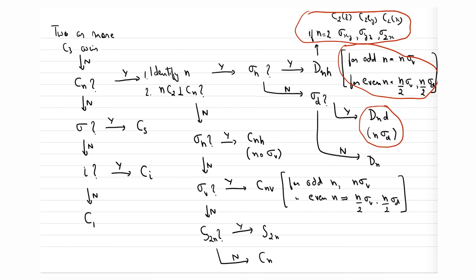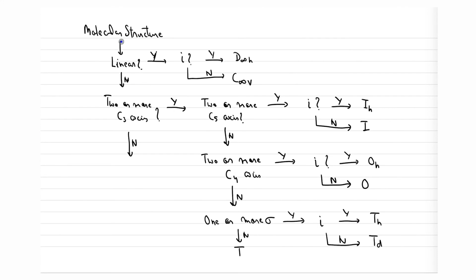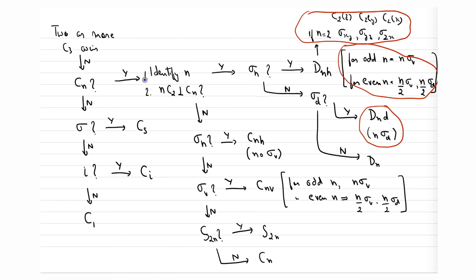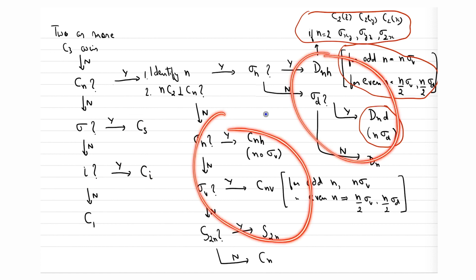Okay. So we have seen how, starting from the molecular structure, you can ask a set of questions and arrive at linear and cubic point groups, non-rotational point groups, single axis rotational point groups, and dihedral point groups, right?